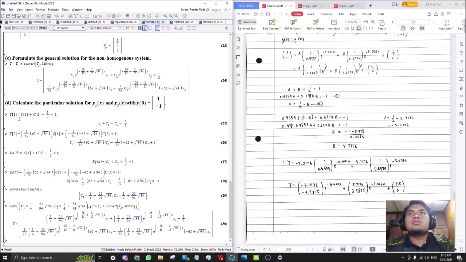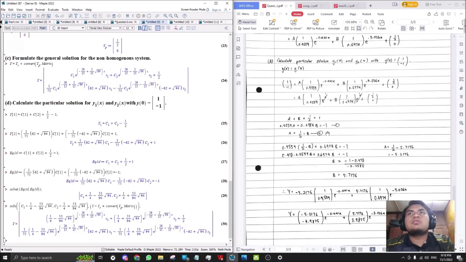Okay, from here you can see this is equation 1D: c1 plus c2 plus 1 over 2 equal to 1. If you can see here, for this equation and also for this equation, you can solve it with the simulation equation.